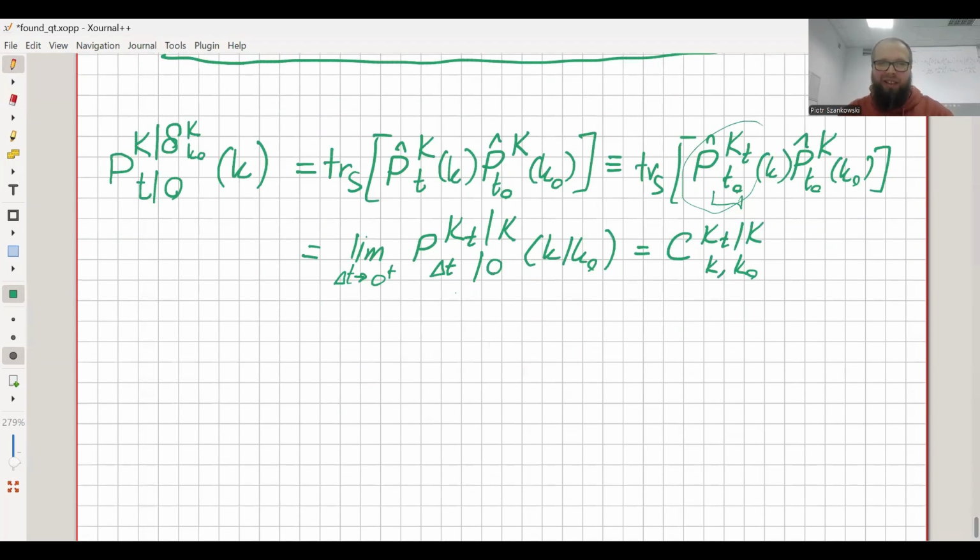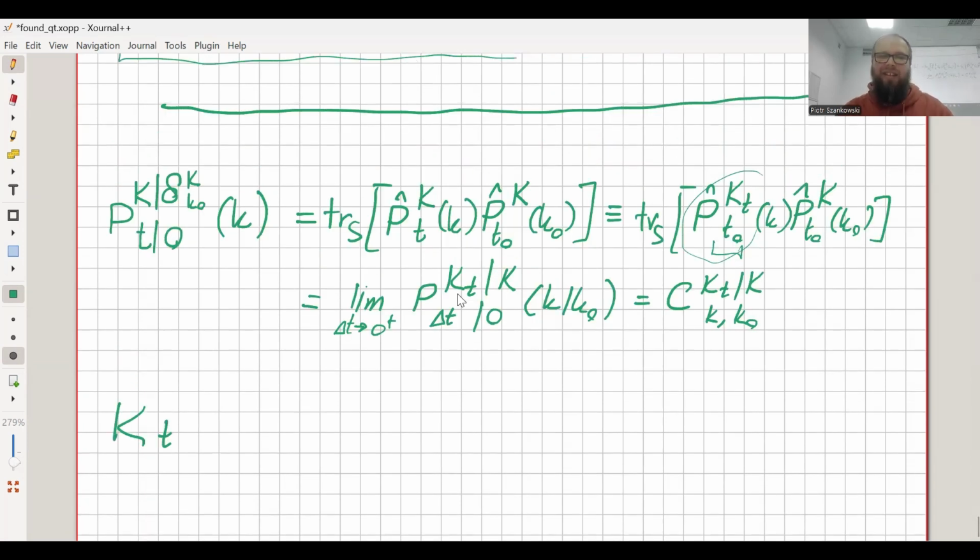So what I'm saying here is that this KT device, which I just invented, is such a device that when you deploy it immediately after initialization, it gives you the same result as if you deployed the K device at time t.